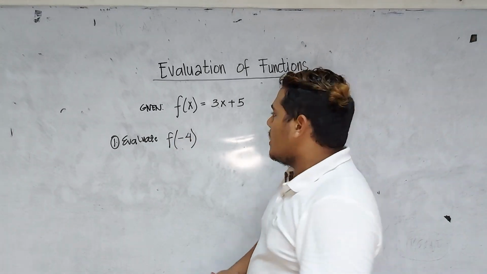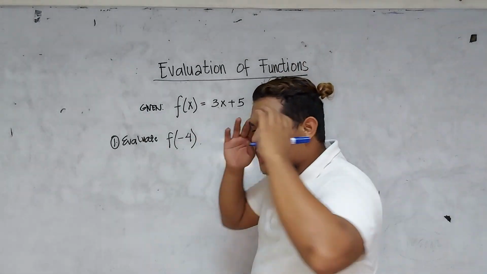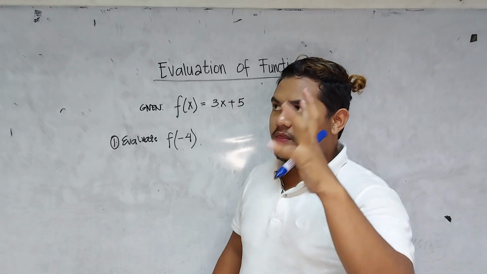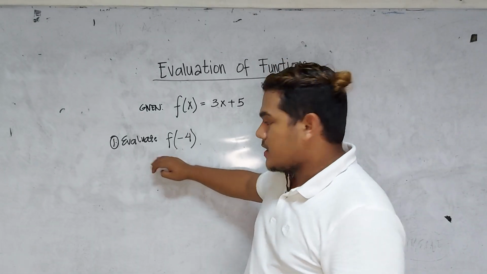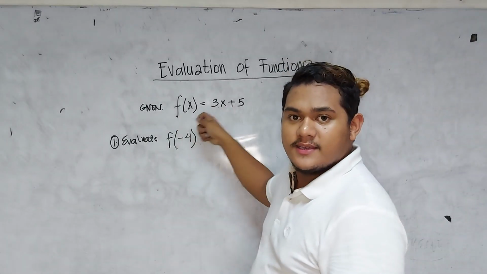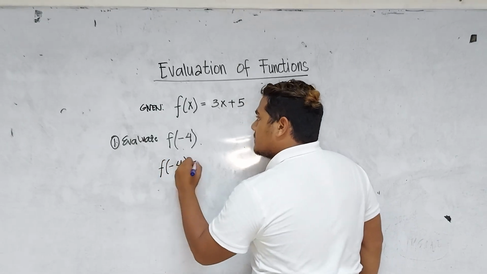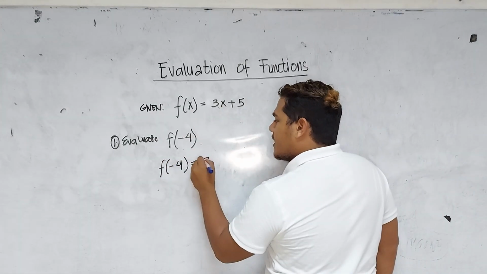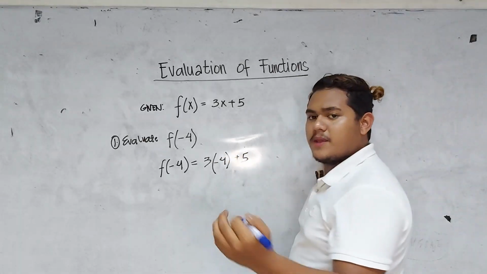How do you do that? When we say evaluate, meaning we have to substitute the value to each of the x's. So this becomes f of negative 4 is equal to 3 times negative 4 plus 5. Very basic.